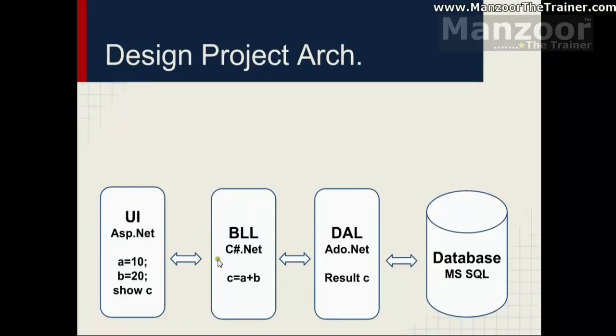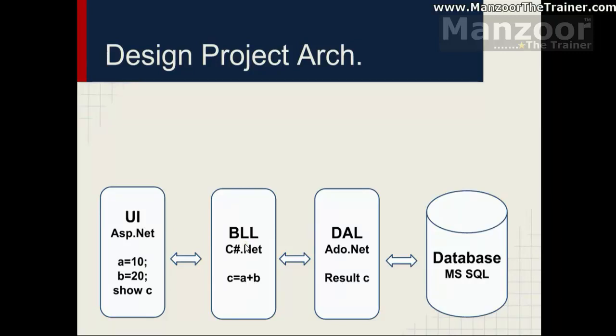Now one important thing is, if I want to transfer data from the UI to the business logic layer to the data access layer, and to and fro, the data should flow between these three layers. So how do I do that? I need a container where I store the data, and the other layer will read data from there.